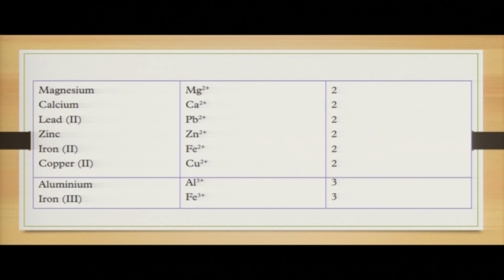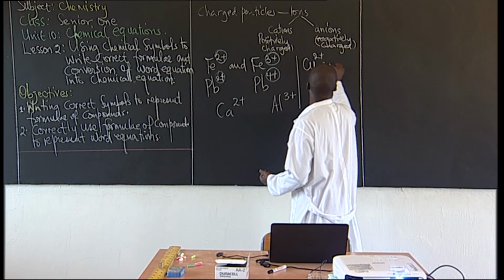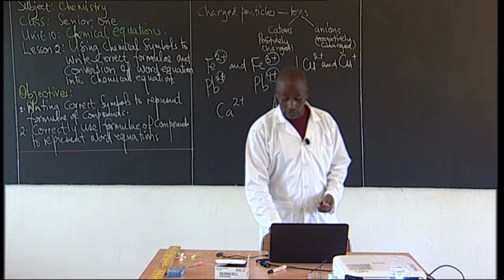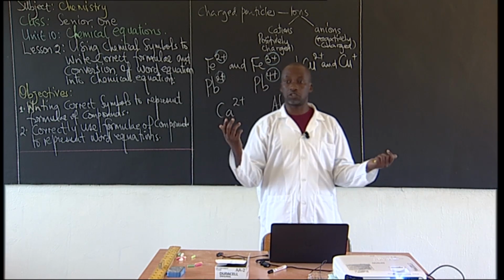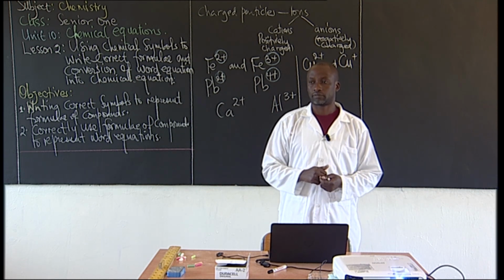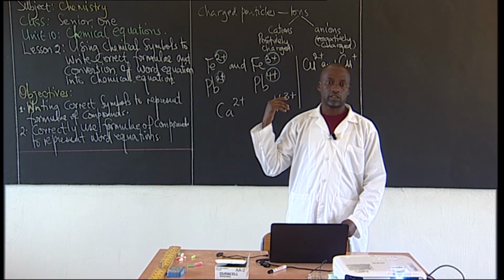If you say iron 2, there is another iron 3. Copper 1, there is copper 2. So those are differences that we should note. This is just a reminder of what you looked at in the previous unit.